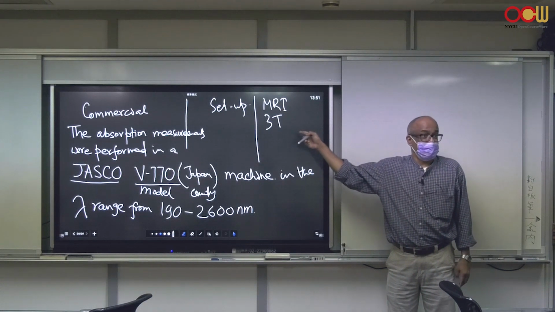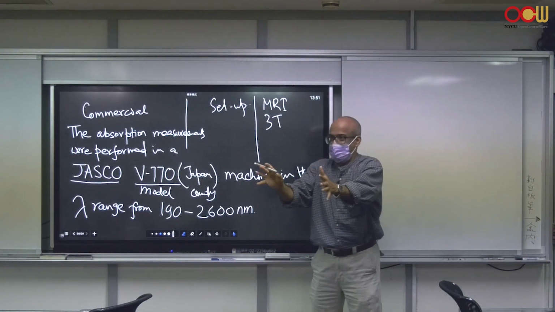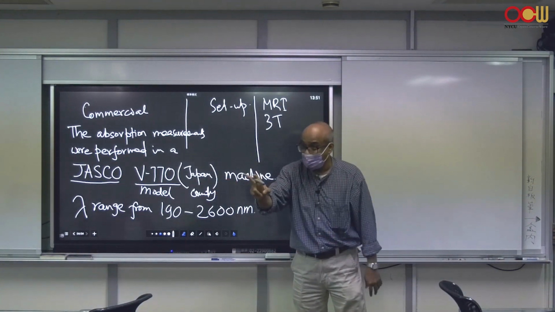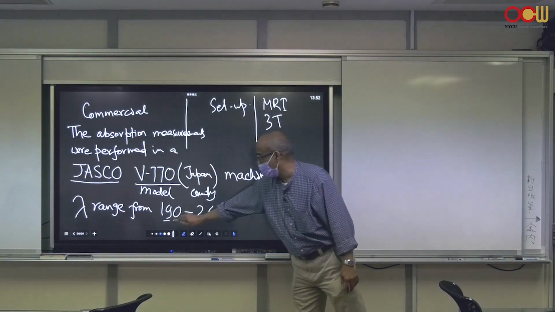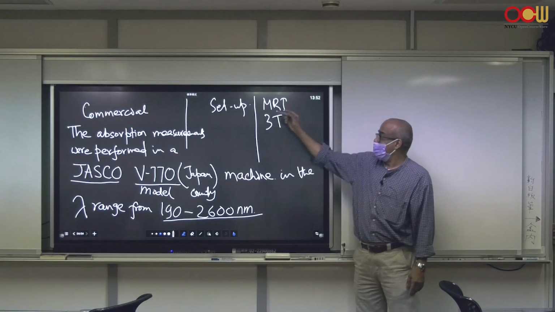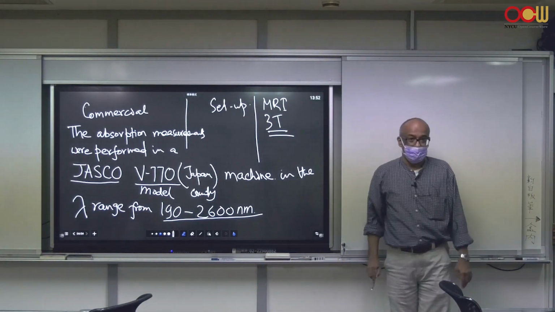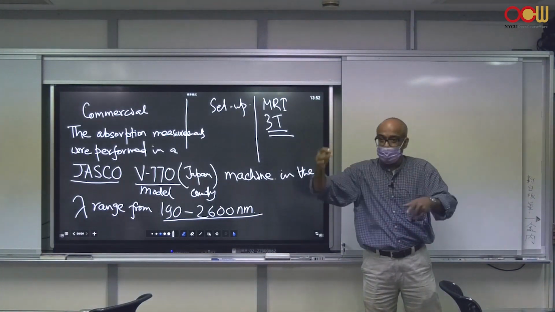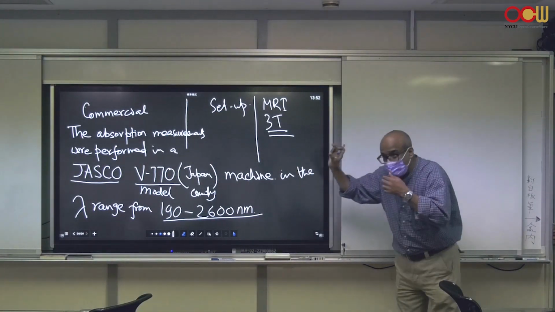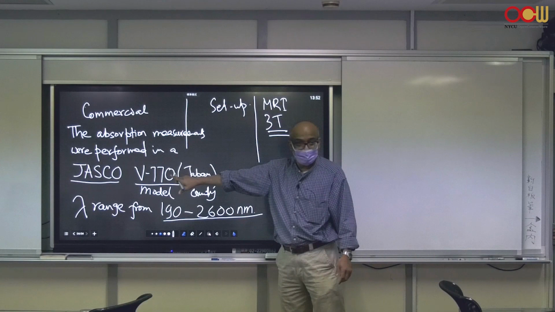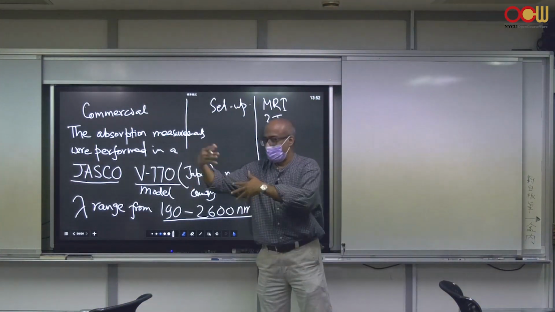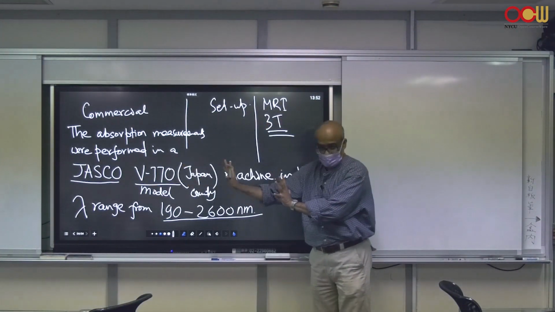That is the most important thing. So for any machine that you are using, you have to tell what is the most important thing. For the absorption measurement, my most important thing is this. For the MRI, the most important thing is the magnetic field. For OCT, the most important thing must be something else. You have to write that down. However, remember, these are commercial machines. I did not do anything. I just ordered, and the company gave me this whole machine.